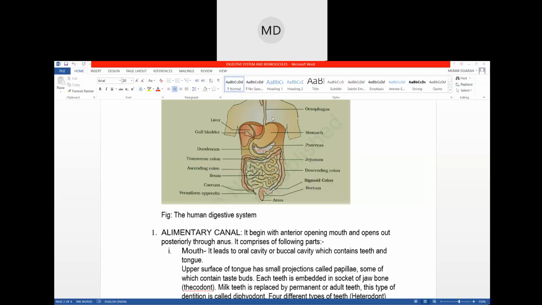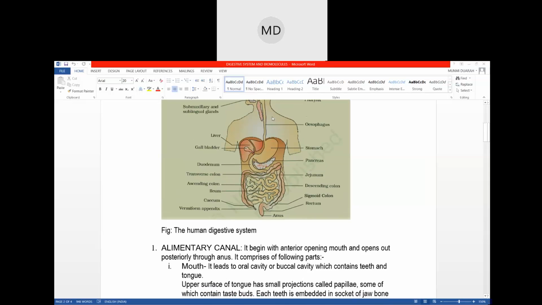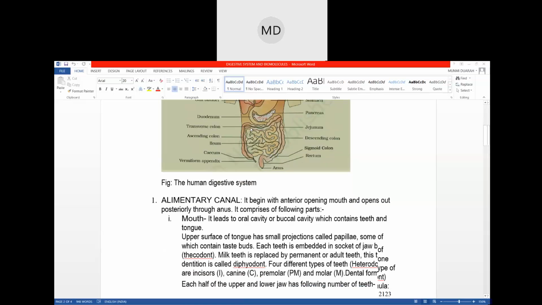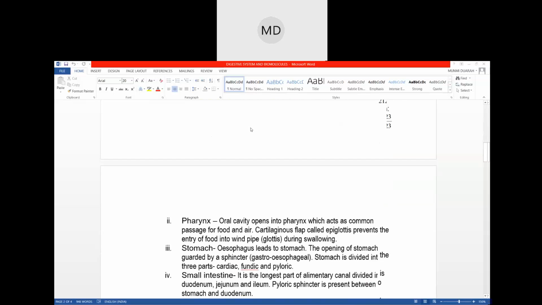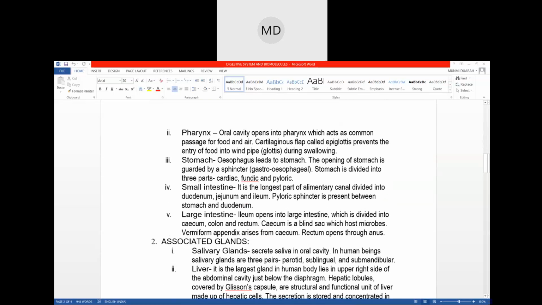So the first type of gland is the salivary gland, and then there is the liver and pancreas. If you have seen, in your inner cheek, if you touch it with your tongue, you will feel a protruding part, bulging skin on both sides.